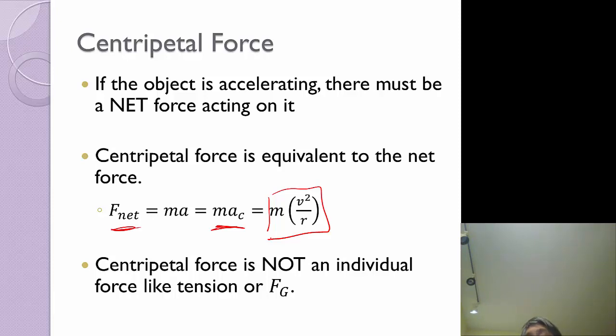There must be a real force, either the string or the force of gravity making the moon go in a circle, but those would be labeled F sub g for gravity or F tension for the string. So don't label your free body diagrams with centripetal force. If the centripetal force shows up anywhere, it's simply that we describe it as acceleration.